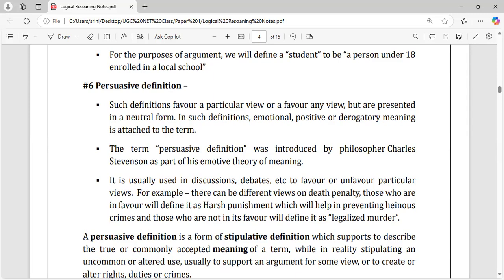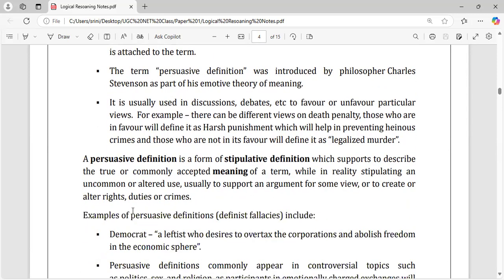A persuasive definition is a form of stipulative definition which purports to describe the true or commonly accepted meaning of a term, while in reality stipulating an uncommon or altered use, usually to support an argument for some view or to create or alter rights, duties, or crimes.